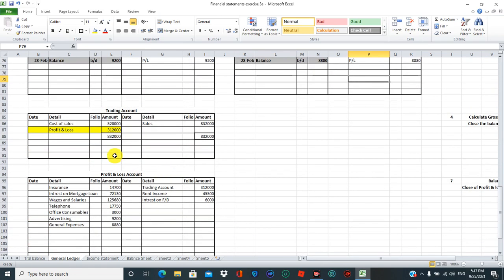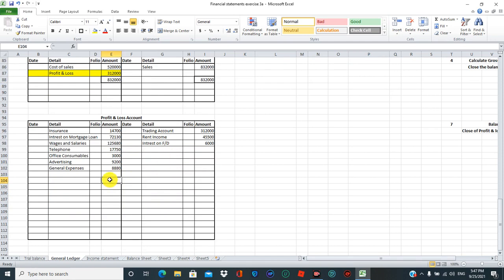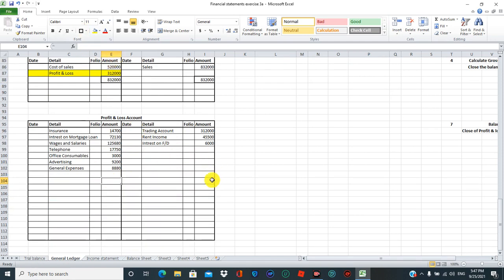Then we balanced the trading account, and then that balancing amount went to the profit and loss account. So now that we've done all that, now we can balance the profit and loss account, which is the other step.